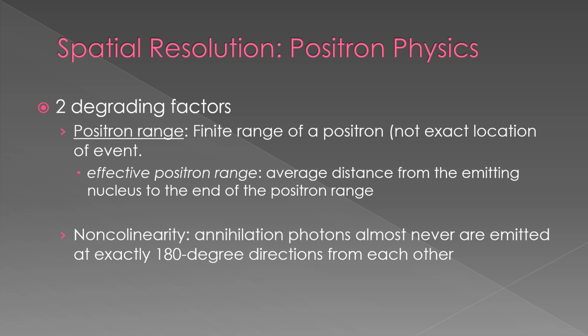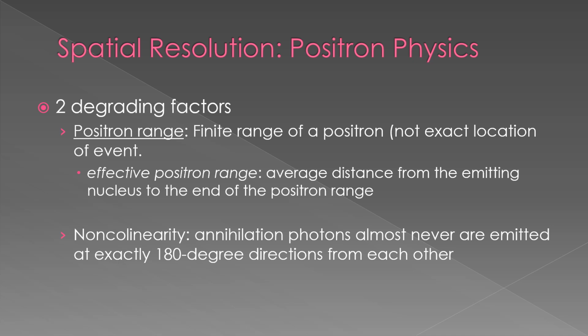And then non-collinearity is also an important term to remember with PET. The annihilation photons almost never are emitted at exactly 180 degrees from each other. We say that theoretically they are, but it's almost impossible for them to be exactly 180 degrees.